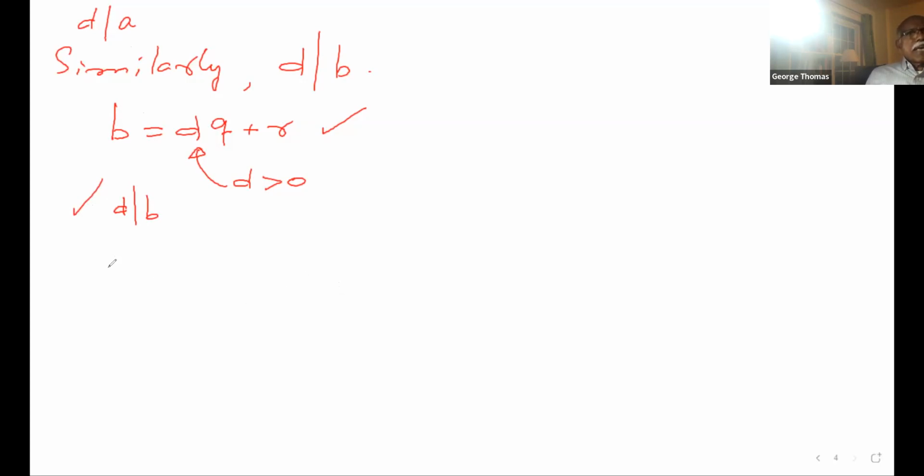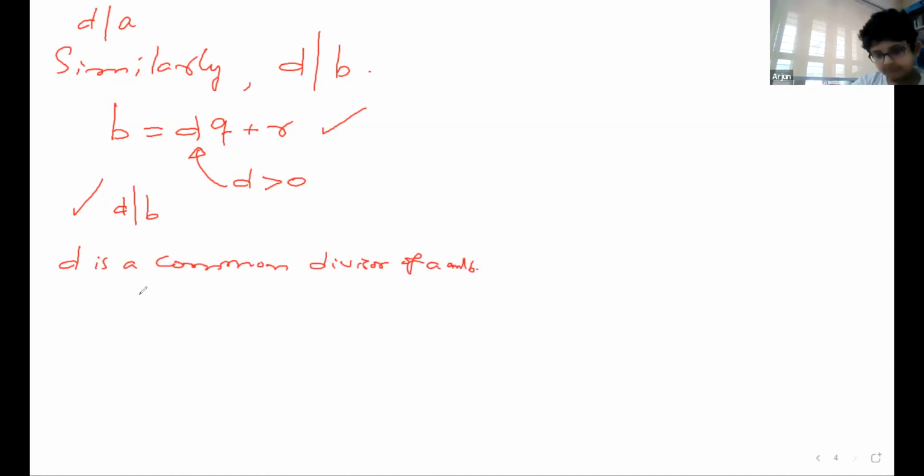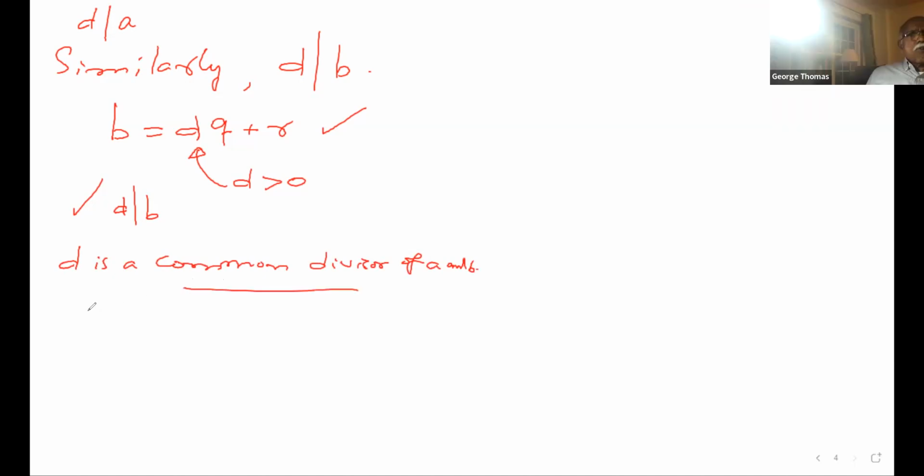So D divides A, D divides B. D is a common divisor of A and B. Is it the greatest common divisor?